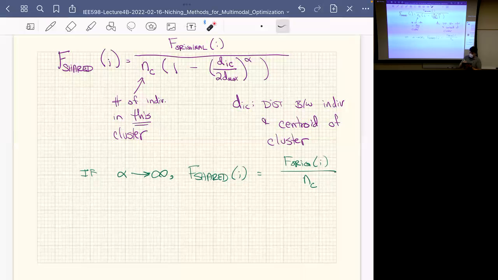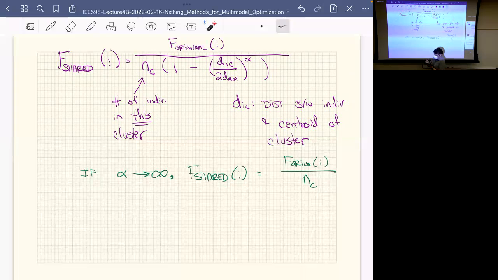But the idea here is, if you're basically on the periphery of a cluster, then this term is not going to affect you as much because you're sort of maximally distant from the cluster. You still get scaled down, but you don't get scaled down as much as individuals who are sitting right on top of the centroid of the cluster. And so that's how they calculate this.